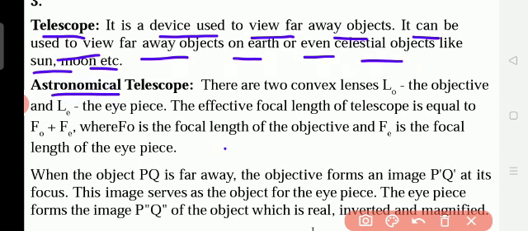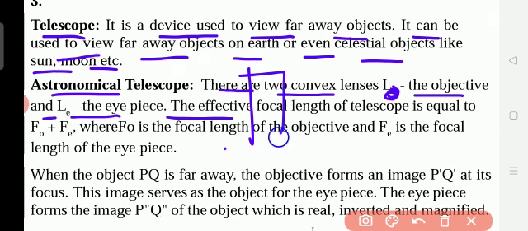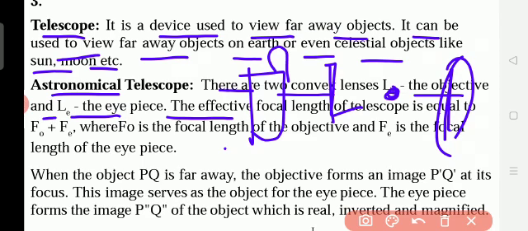An astronomical telescope has two convex lenses, L0 the objective and LE the eyepiece. O means objective, so near the object they keep one lens, and near the eye to see they keep another lens, that is LE, the eyepiece.